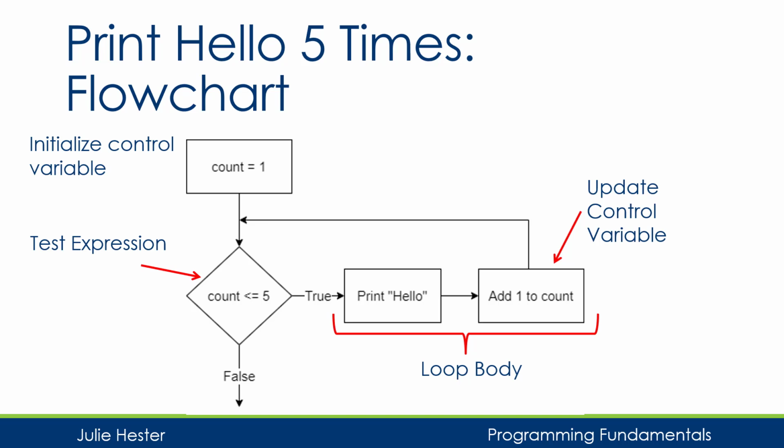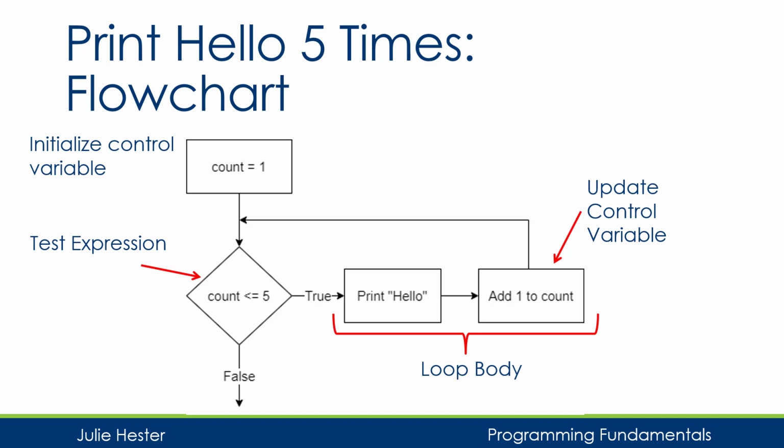So this test expression will be false, and I will move on to the next line of code. So this is how I can print hello 5 times using a loop in a flowchart. I have a diamond for my test expression because this is where I'm going to decide whether or not to execute the loop.